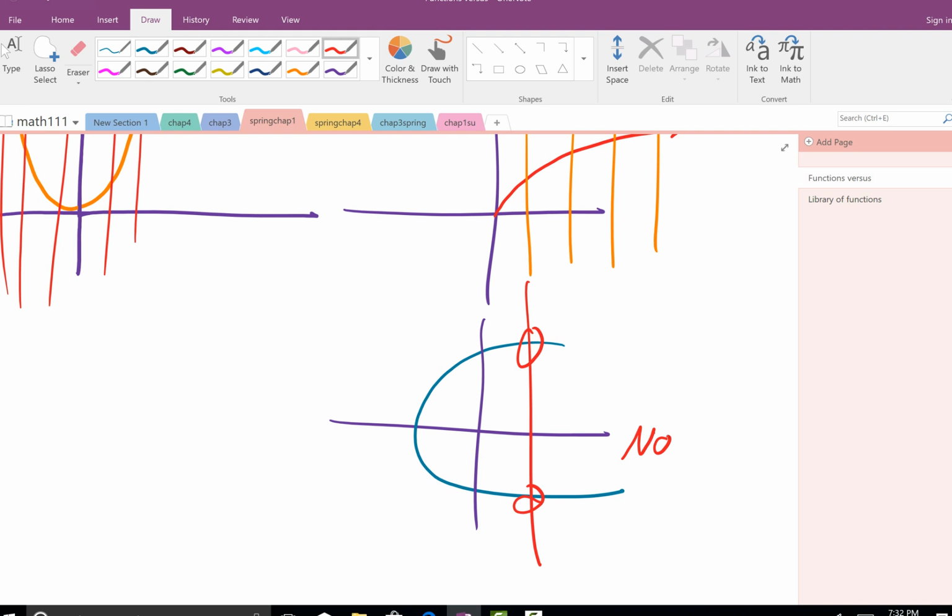Notice when I do it in this form, I'm assuming that you're familiar with this. If you've never seen this, don't use it. Use this stuff. But basically, the parentheses means that it doesn't include that number, and the bracket means that it does. So again, if you haven't seen this interval notation, you'll see it later, so it really doesn't make any difference if you know it now or not.